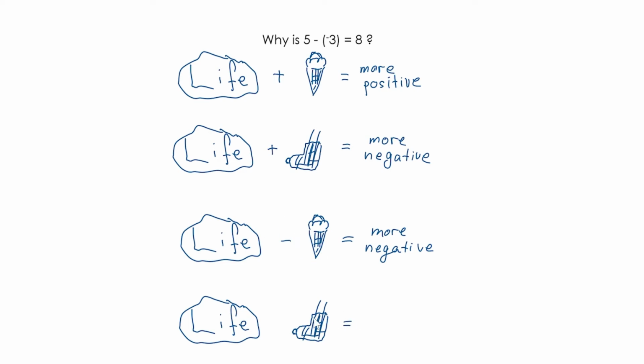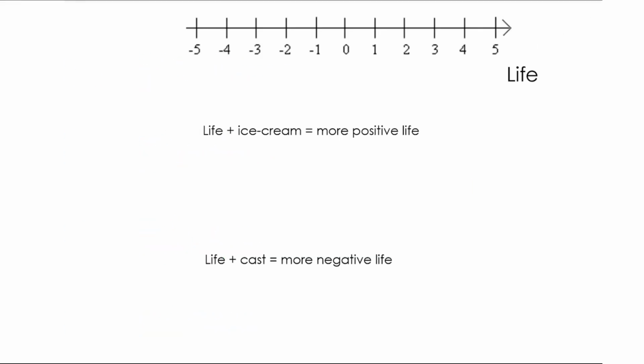But following similar logic, if you take away something negative from your life, like a cast, it becomes more positive, because a negative thing is removed. So here are our specific examples. Now let's actually assign some value to our life and transfer the same ideas using numbers.